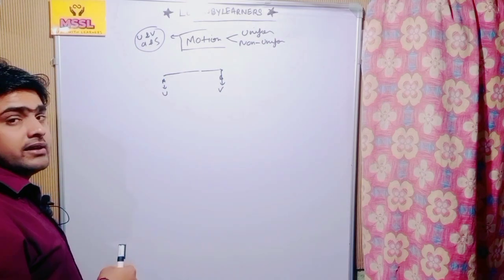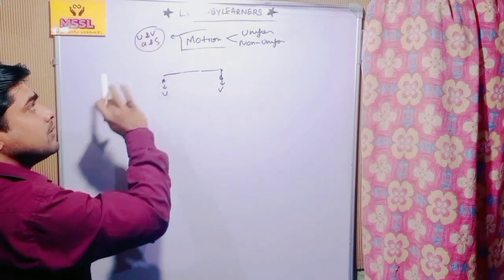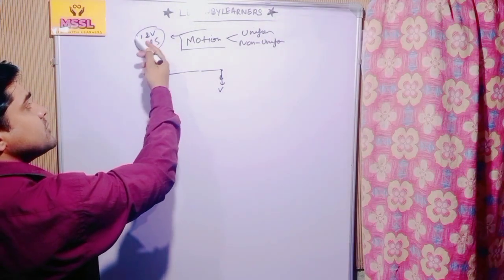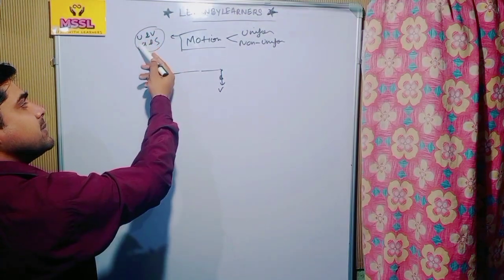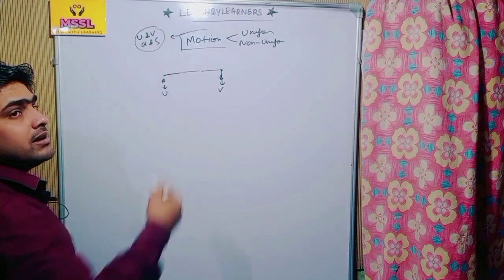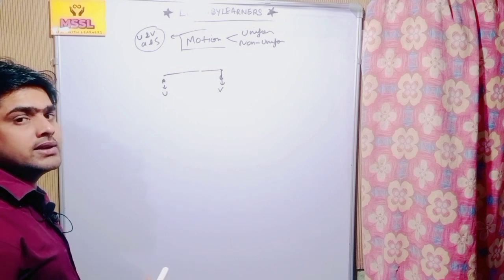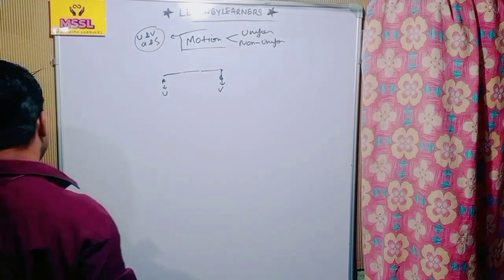I'm considering that you know these symbols: U represents initial velocity, V represents final velocity, A represents acceleration, S represents displacement or distance, right? So let us move on.